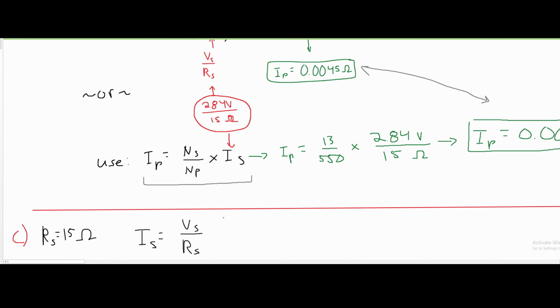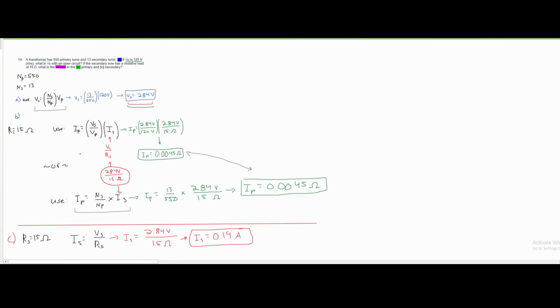And we already put in our values. So we have I of S is just equal to 2.84 volts over 15 ohms. And if we plug this into our calculator, we're going to get that I of S is equal to approximately 0.19 amps. And that is the answer for part C.